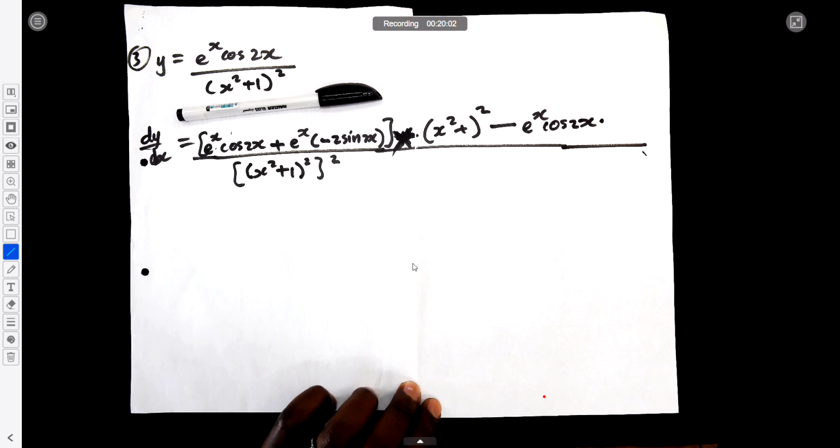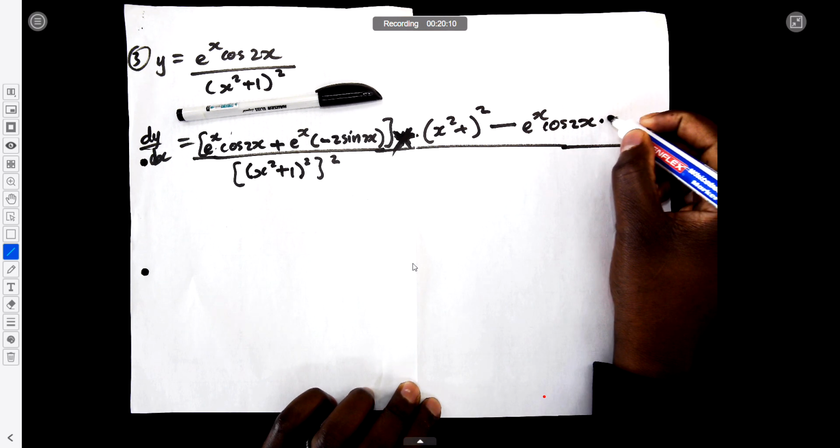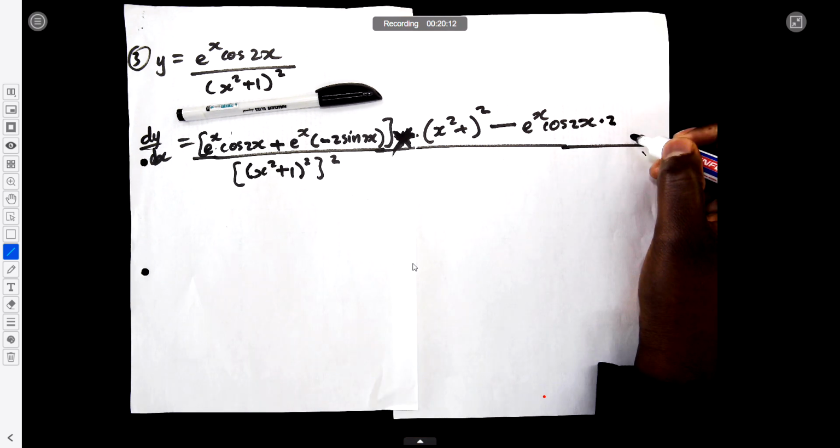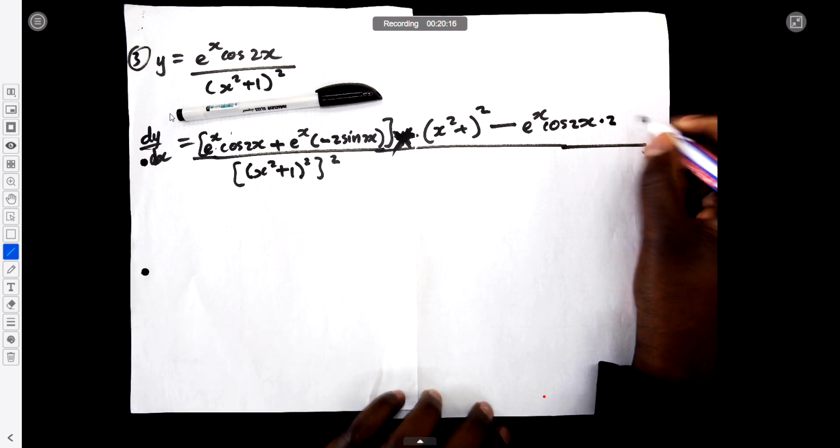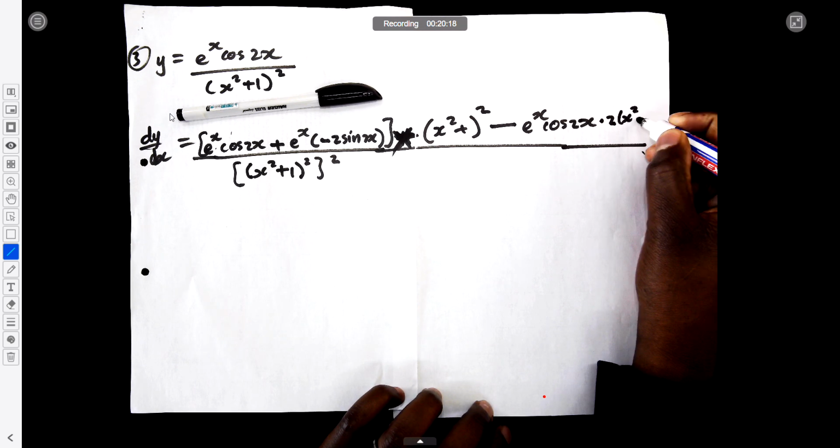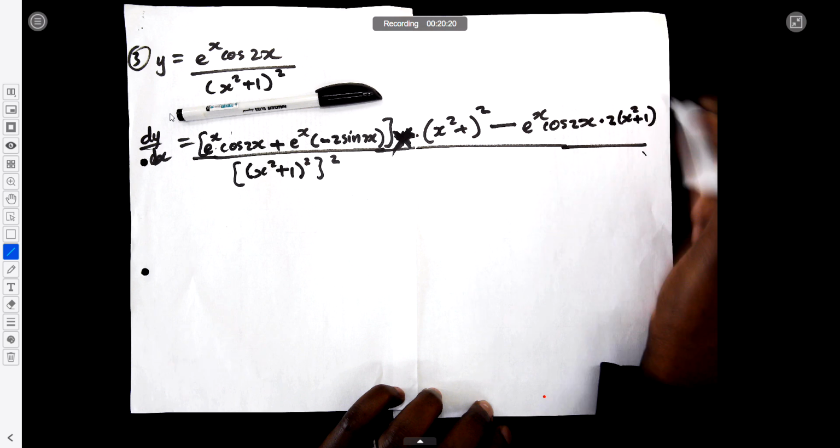Or if you wanted, you could have multiplied it out and had x squared plus 1 to the power of 2, and then derivate. But if you use chain of functions, we're going to derivate: the derivative, as I said, is 2 multiplied by x squared plus 1 to the power of 2 minus 1.